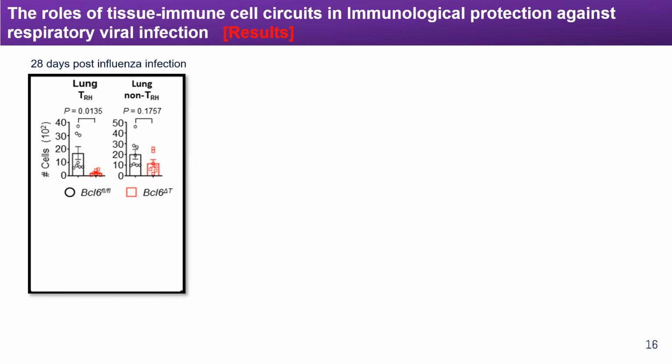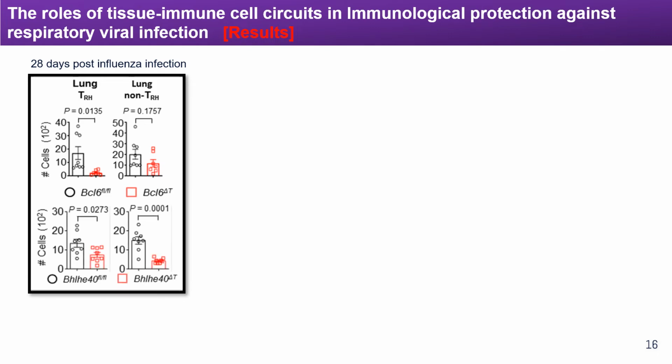As I expected, TRH cells were significantly reduced in the BCL6 knockout mice. I also checked TRH cells in BHLHE40 knockout mice, BHLHE40 being the key transcription factor of TRM cells. I can see a lower number of TRH cells in the BHLHE40 knockout mice than in the control group. So this data indicates BCL6 and BHLHE40 are both required for the development of TRH cells.